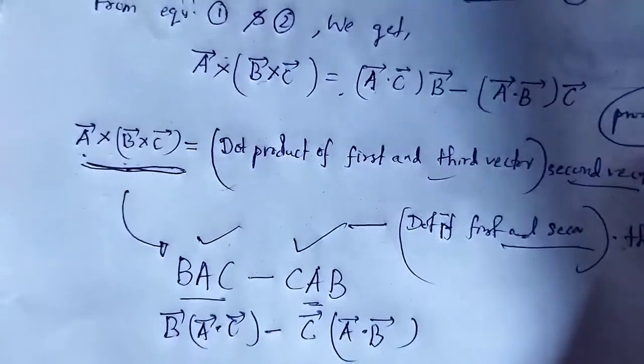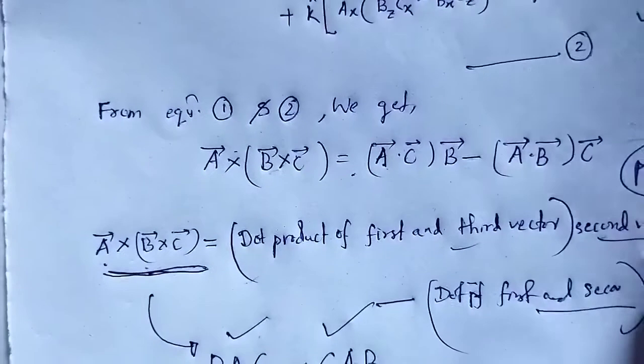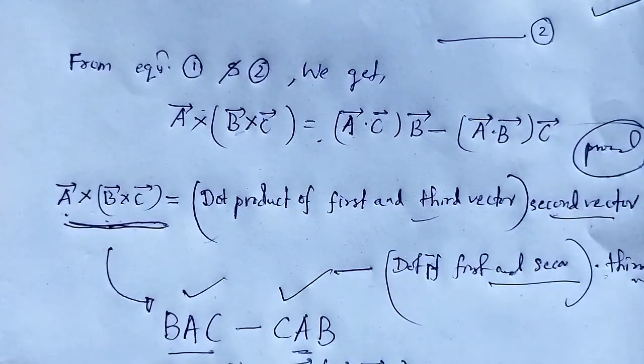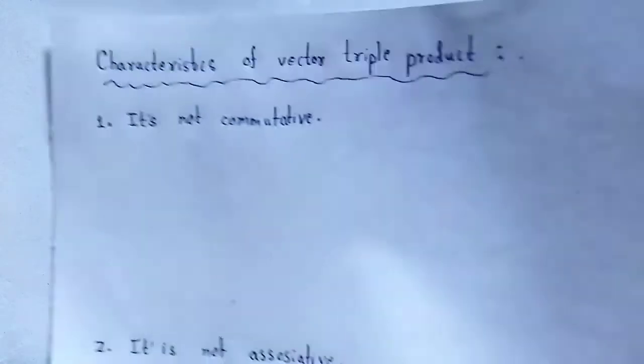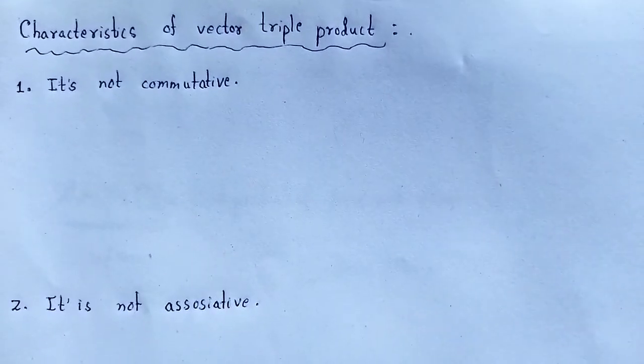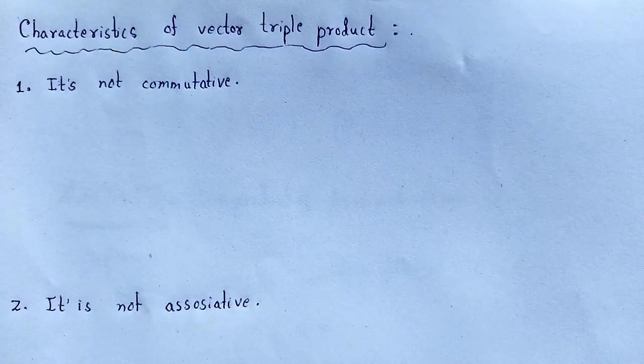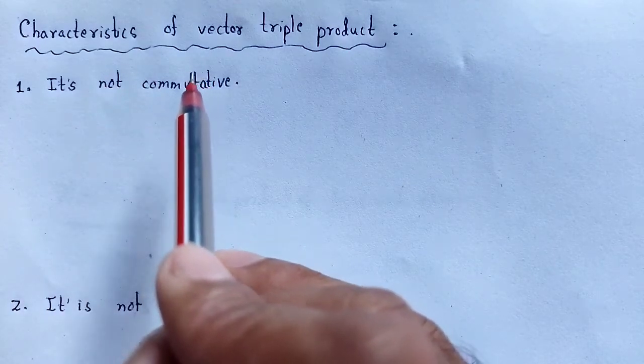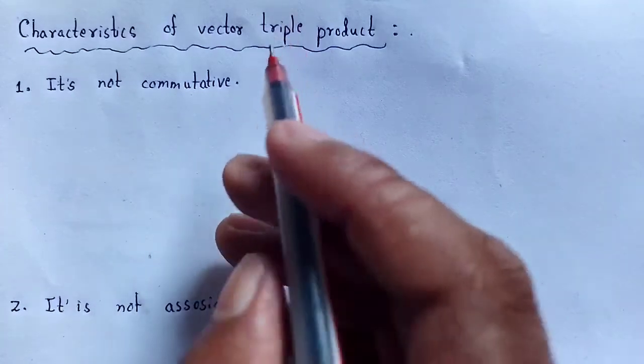Let us see some characteristic properties of the vector triple product. First property, it is not commutative.